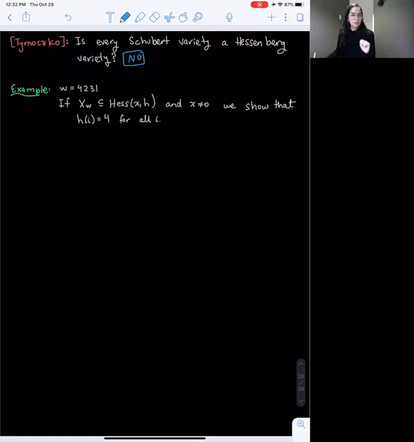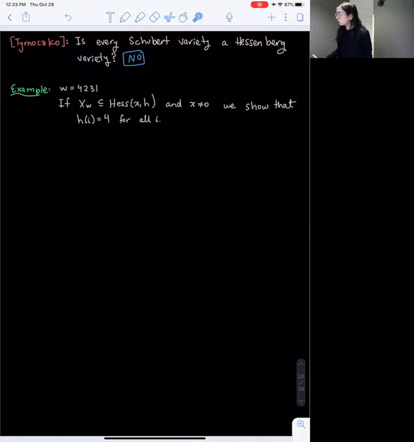I won't go through all the details, but it is a fact that no matter what X and H you pick, as long as your Hessenberg variety contains this Schubert variety, and you need X to be nonzero so that your Hessenberg variety is not the whole flag variety, we're able to show that the Hessenberg function has to be the constant function 4444.